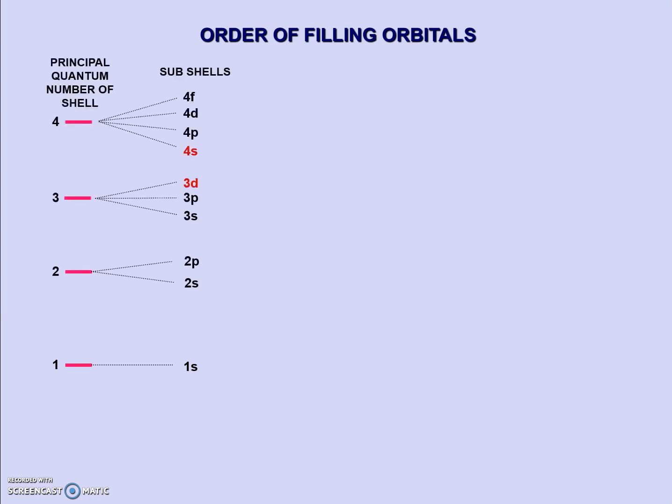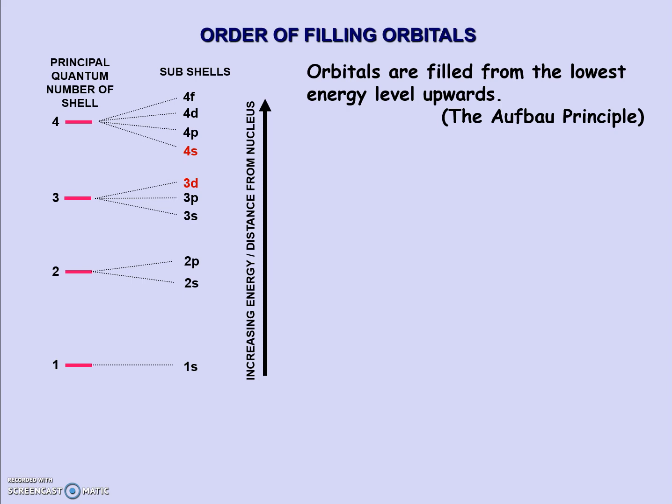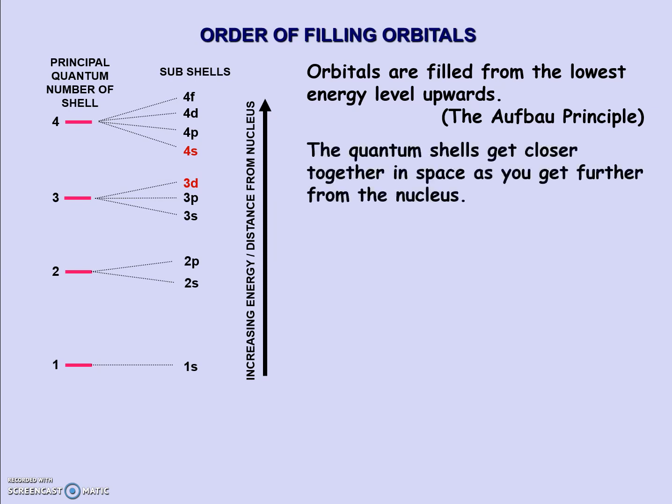Okay, so first of all we'll set out our subshells, and as I said before, the higher the subshell, the further away from the nucleus it is. Now, you always fill the orbitals in the lowest available energy level, and then you add the electrons into the next lowest energy level available.